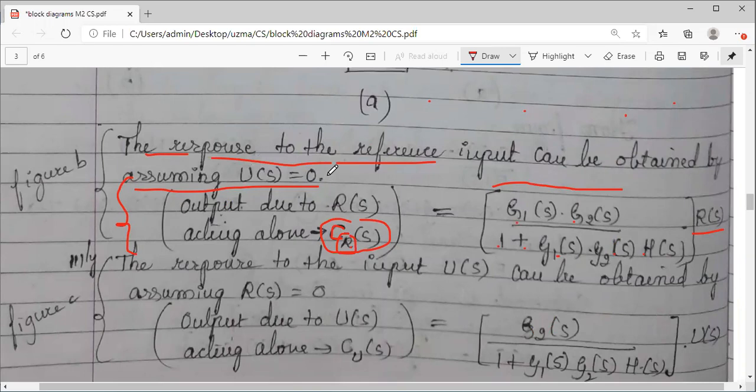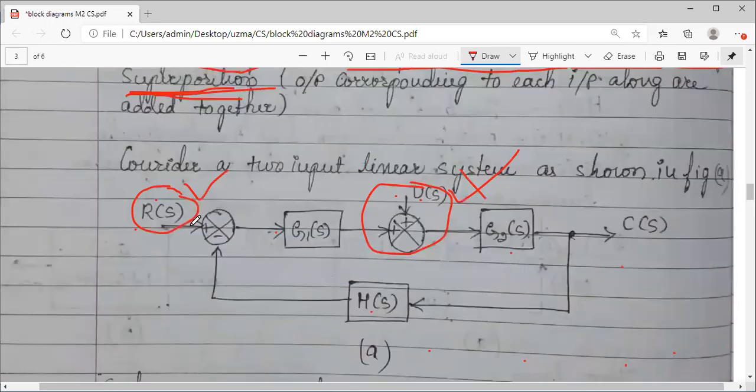Now coming to the second analysis. Second time, what should I do? I should consider U of S but make R of S 0. So if I do that, how will your block diagram reduce? Can you just try? I'm not considering this. I have only this. So when I'm not considering the input, what will happen?